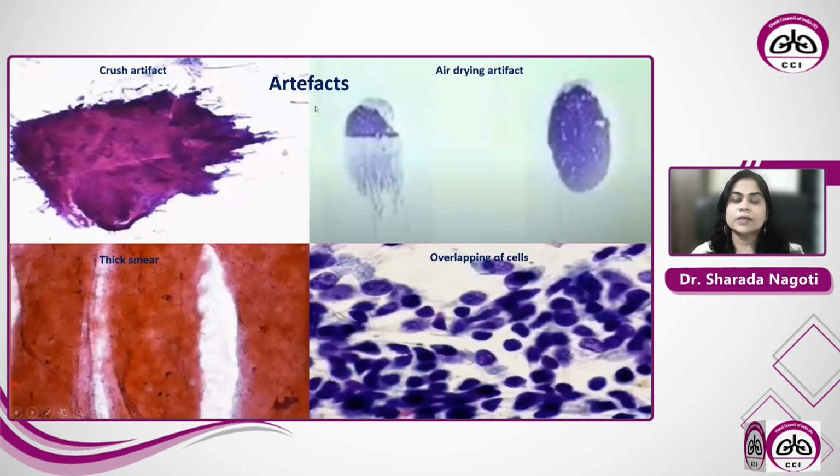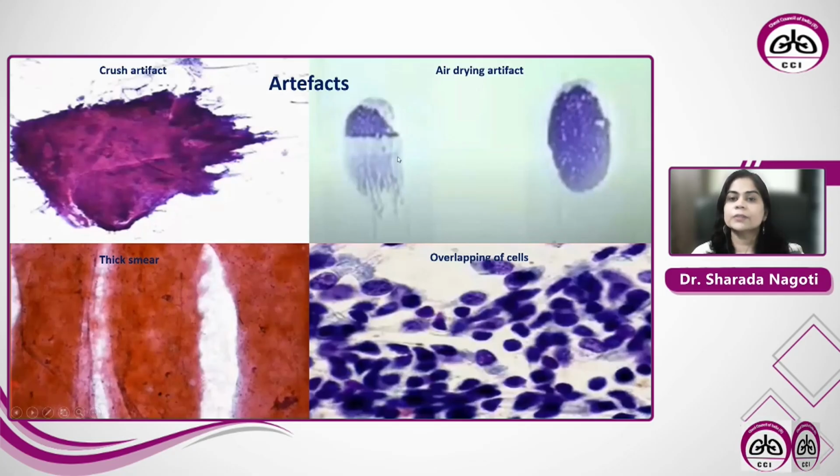Coming to the different artifacts, these are some of the artifacts that we routinely encounter in our day-to-day practice during ROSE. This is a crush artifact where too much pressure was applied during smear making. Hence, the cells are crushed and we cannot make out the morphology of the cells in such smears. These are the air-drying artifacts.